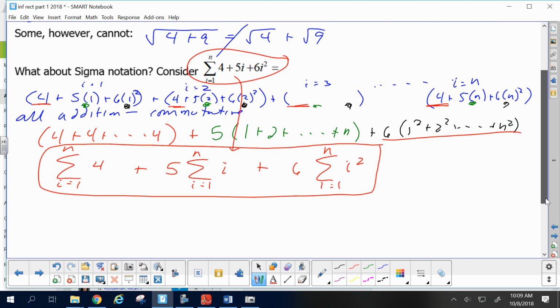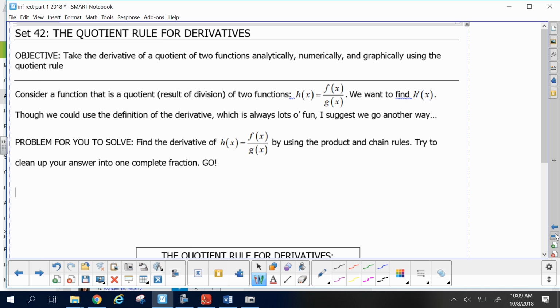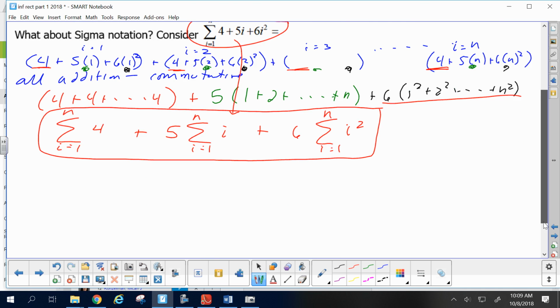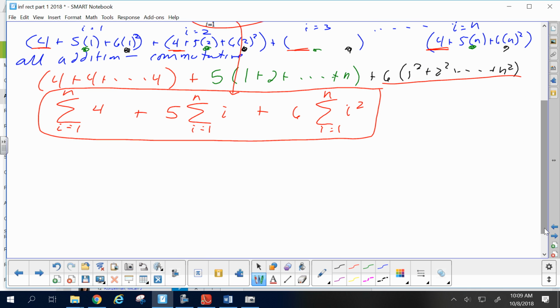And so I think I have no time for quotient rule. So let me do an example. For example, number 9. This is what I'm looking for you to do.